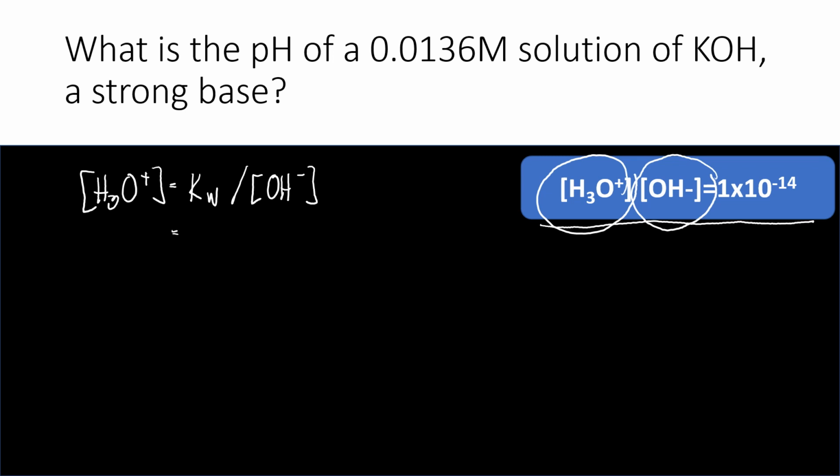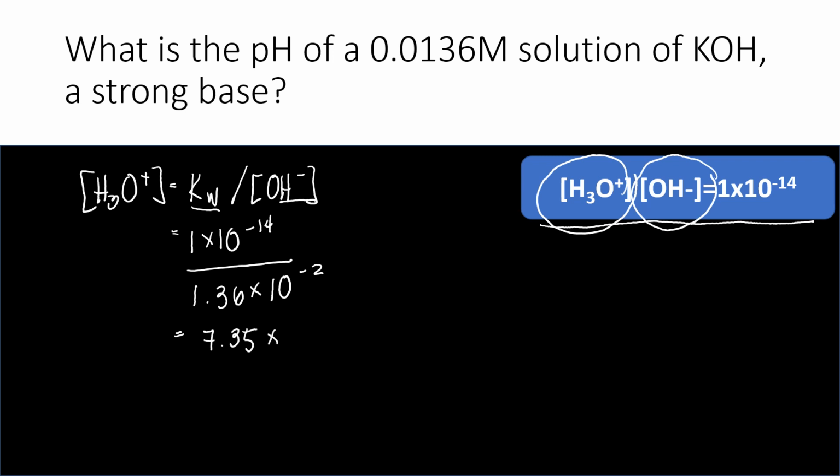Since this has a value of 1 times 10 raised to negative 14, and this has the value of 1.36 times 10 raised to negative 2, we will have the value of hydronium ion concentration, which is 7.35 times 10 raised to negative 13. So now that we know the hydronium ion concentration, we can easily figure out the pH using this formula that we have.